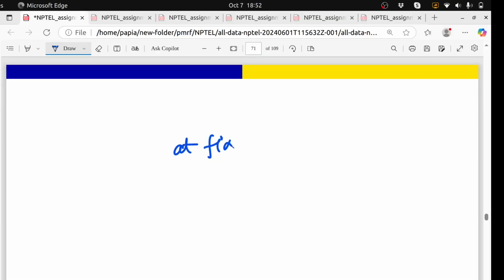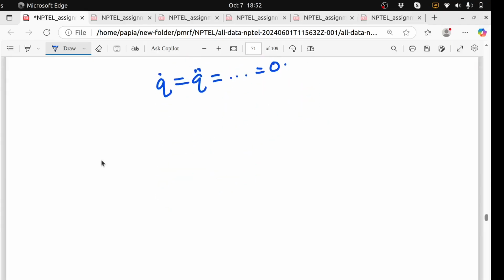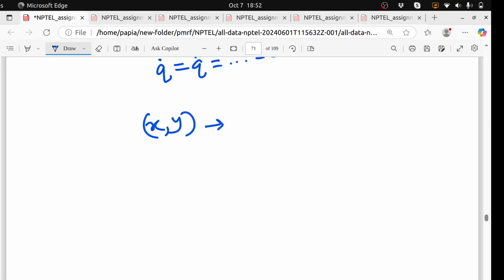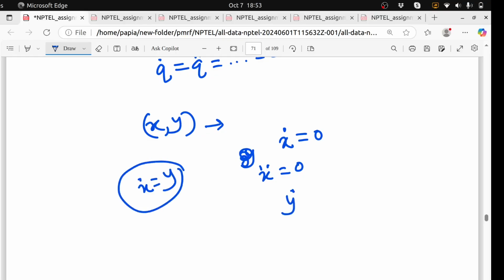So at fixed point, we know that q dot, q double dot equals 0. So what does this mean? If it is the xy combination, then I can say that x dot will be 0, x double dot will be 0, and x dot is nothing but y, so y dot will be 0.